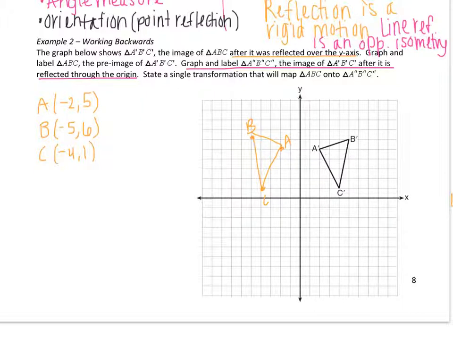And I have C prime is down 1 over 4, so I'm going over 4 down 1. And I've got C double prime here. And now A is down 5 over 2, so I'm going over 2 down 5. 1, 2, 3, 4, 5. A double prime. And B prime is down 6 over 5. So again, over 5, down 6.